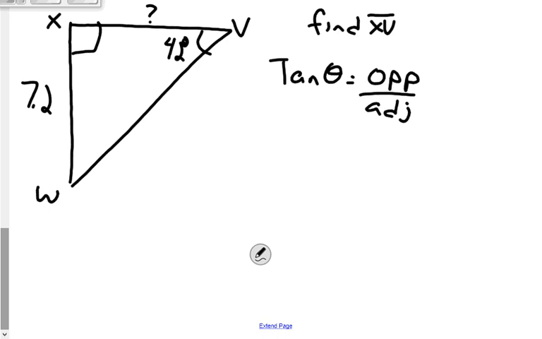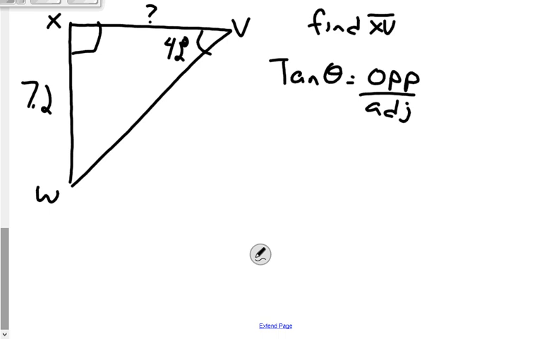But if you do, I can give you part marks if you get the question wrong at the end. So if you make a mistake and get opposite over adjacent wrong and put your numbers in the wrong spot, but you show me you can set it up properly, you're going to get something for it, okay? So just remember that. The more you show me, the more I can give marks to. Right, Chloe? Yeah. Okay, good.